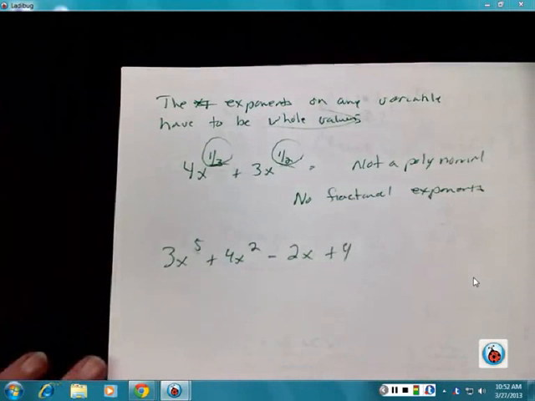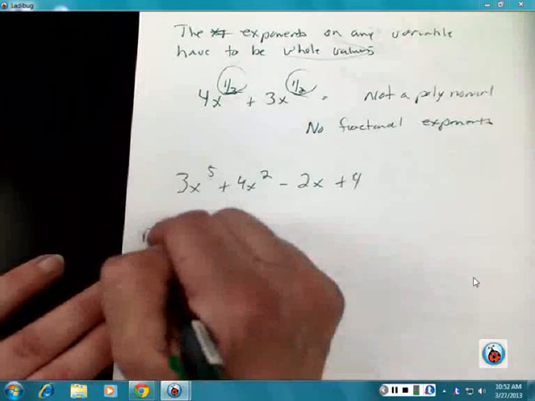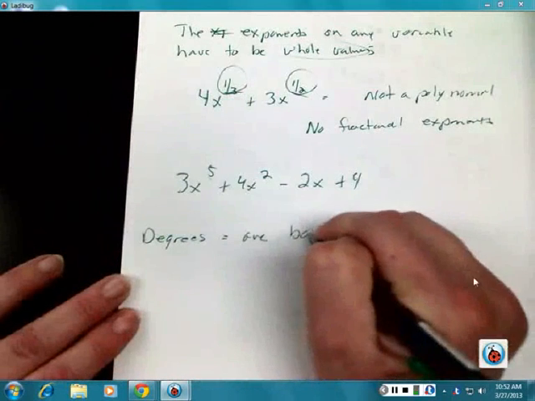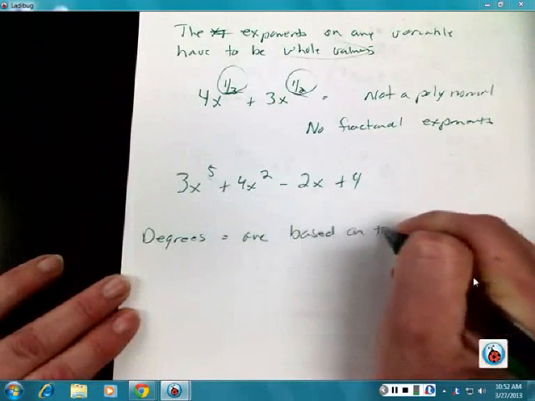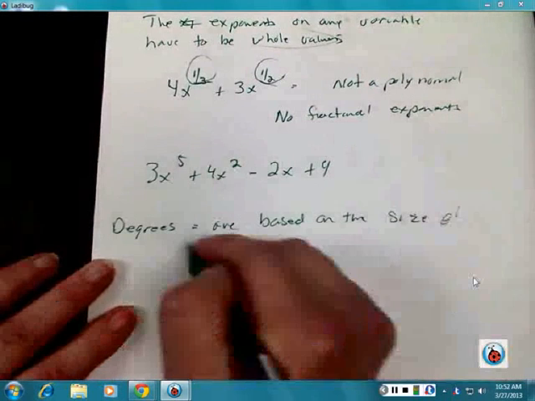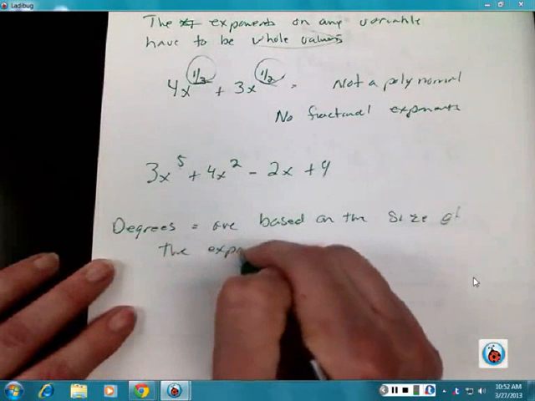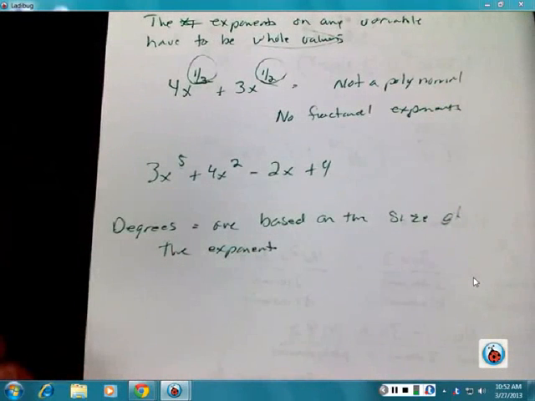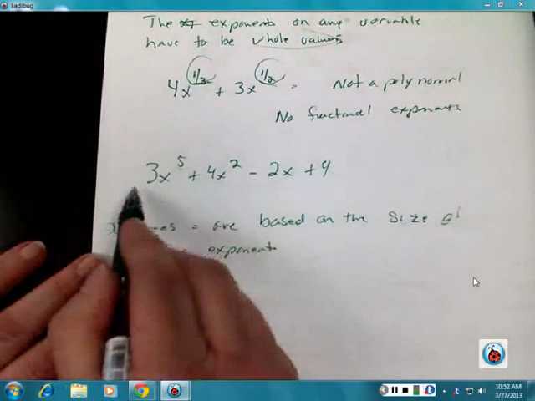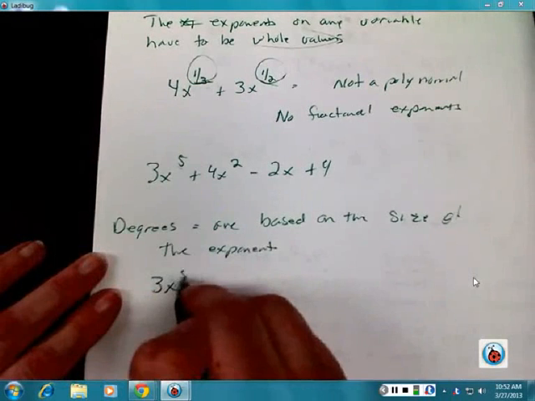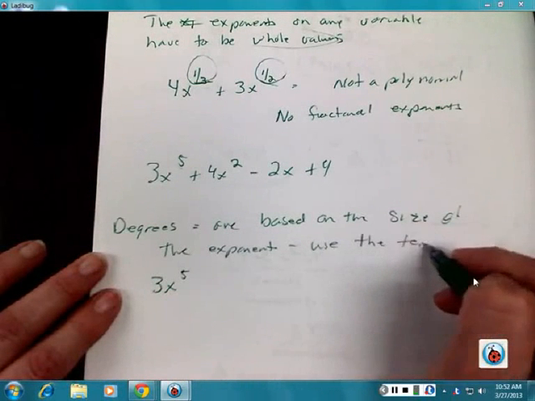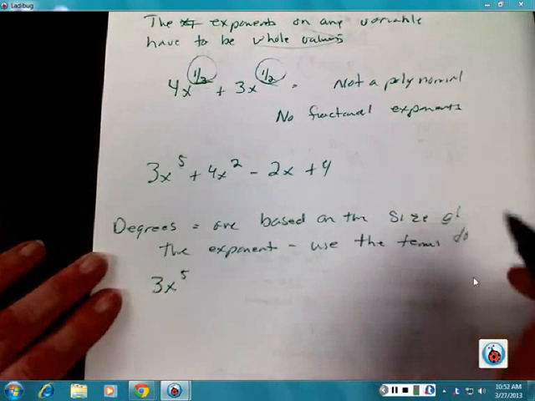The next thing they mention in this section is degrees. Degrees are based on the size of the exponent. It goes by terms, so use the term to figure this out.